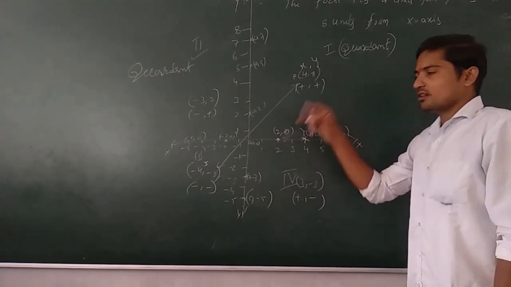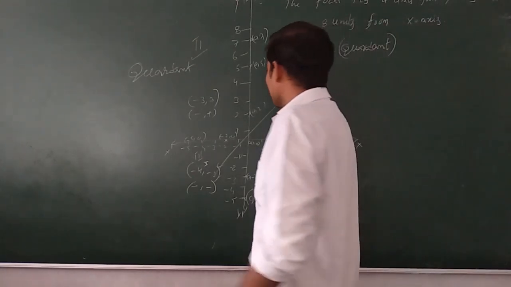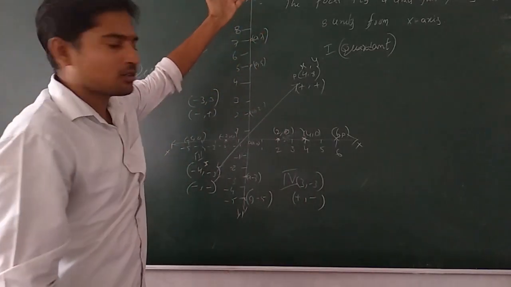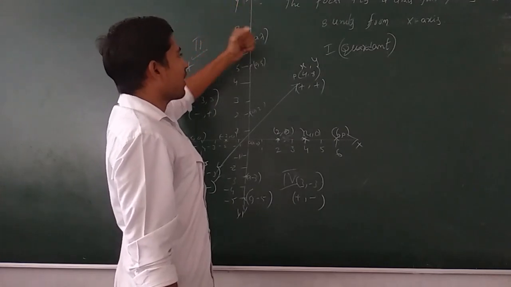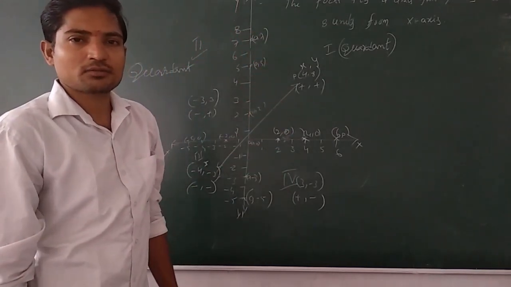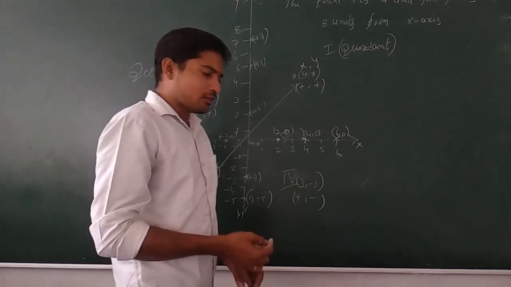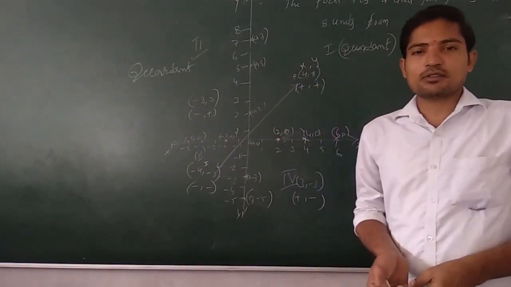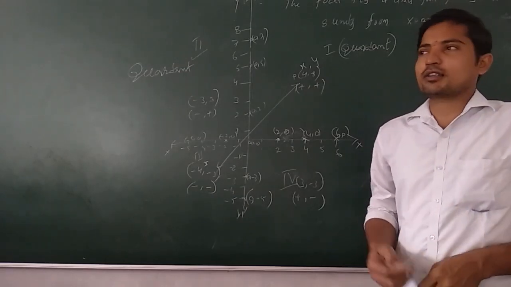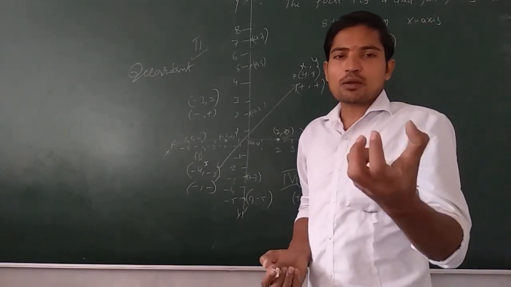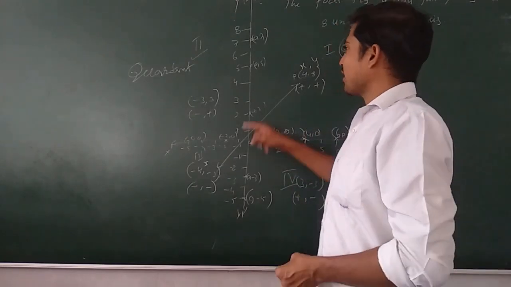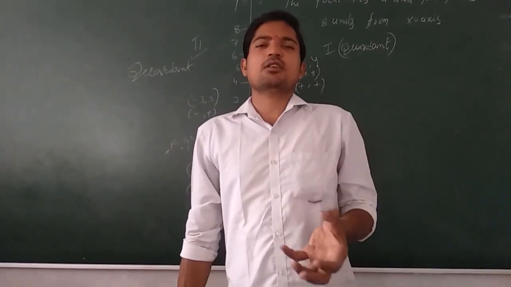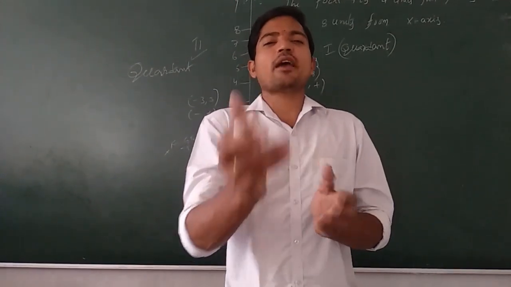What are 0 here? The y coordinates are 0. The points which lie on the y-axis, what are 0 here? The x coordinates are 0. Understand? Depending on zeros, on the first coordinate or the second coordinate, if any one of the x and y coordinates is 0, then the point lies on an axis.